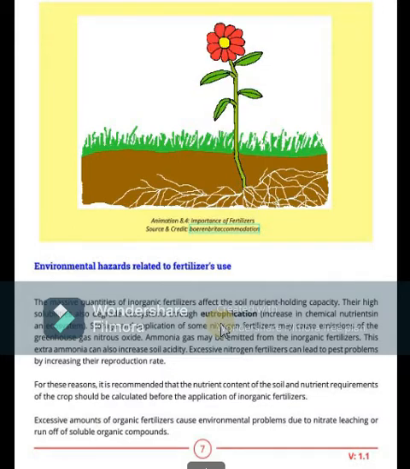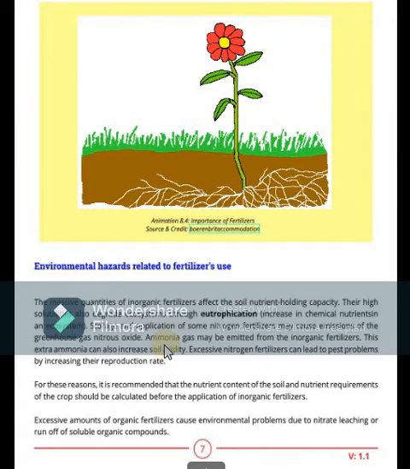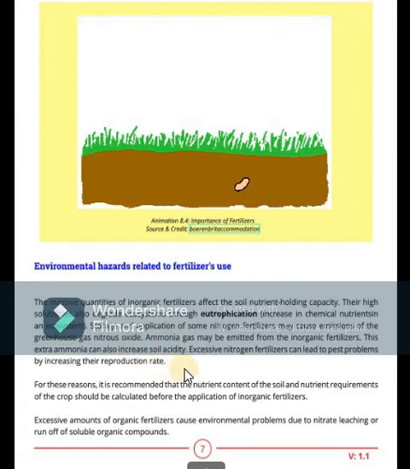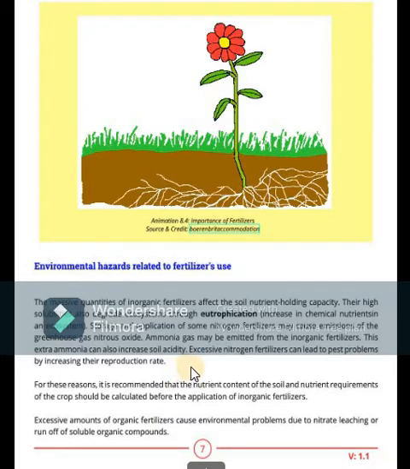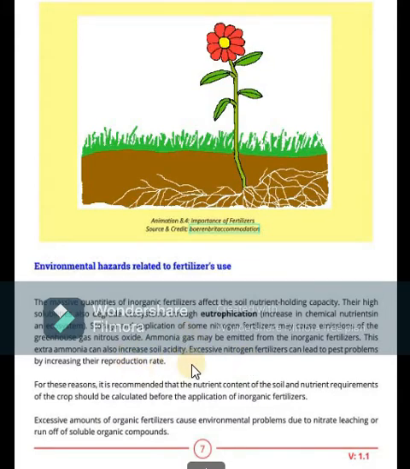Storage and application of some nitrogen fertilizers may cause the emission of greenhouse gases, which cause global warming, and ammonia gas may be emitted from inorganic fertilizers, which increases the acidity of the soil.